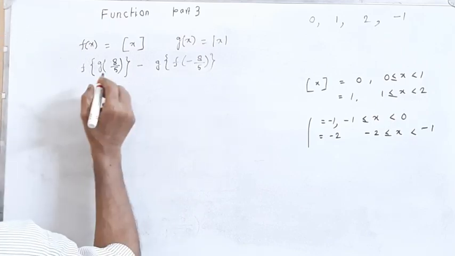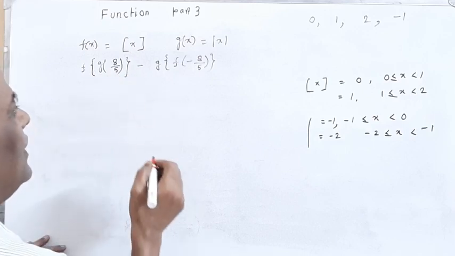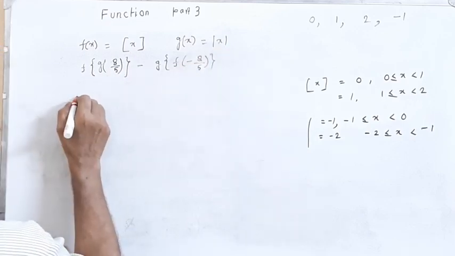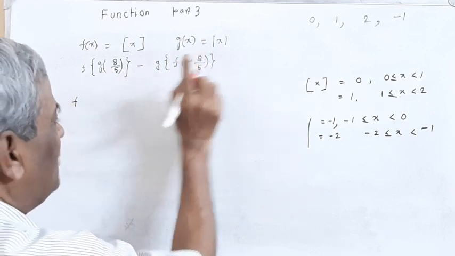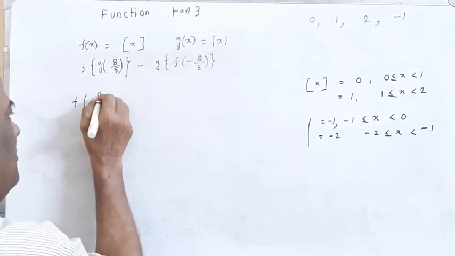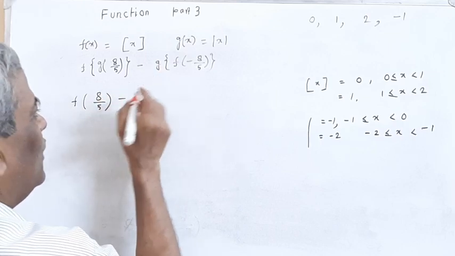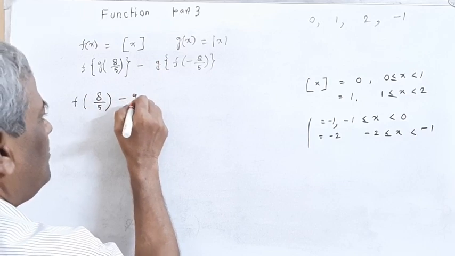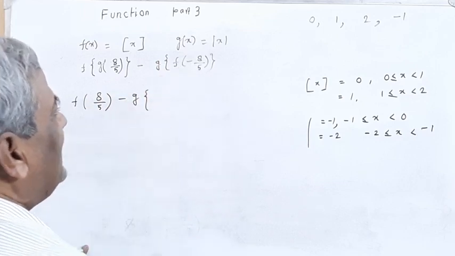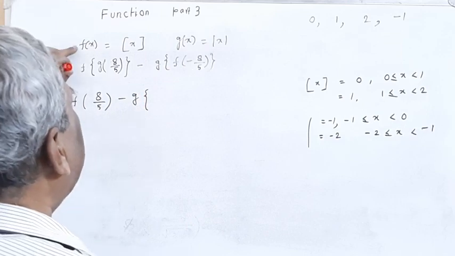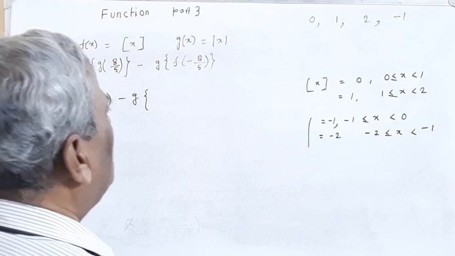This is actually equal to f of g of 8 by 5. g means modulus. So it is f of modulus of 8 by 5, simply 8 by 5, minus now g of f of minus 8 by 5. f(x) is the integral part of x.